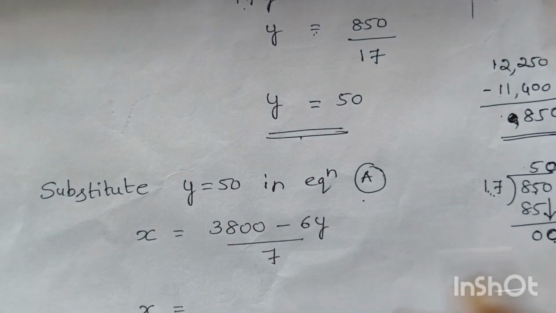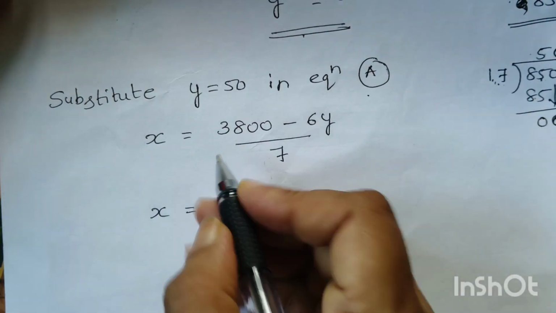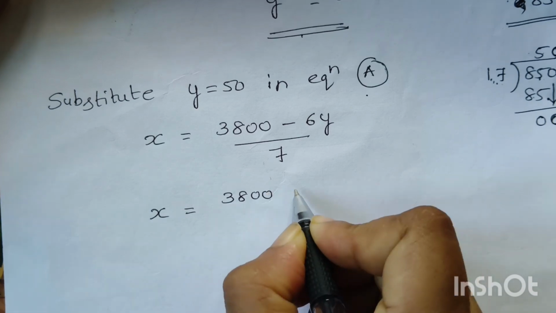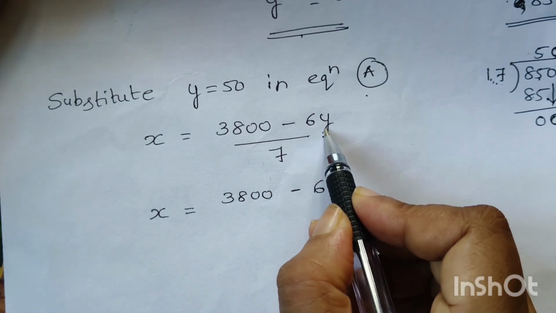Let us write x is equal to 3800 minus 6 into y. The value of y is how much? 50, right?